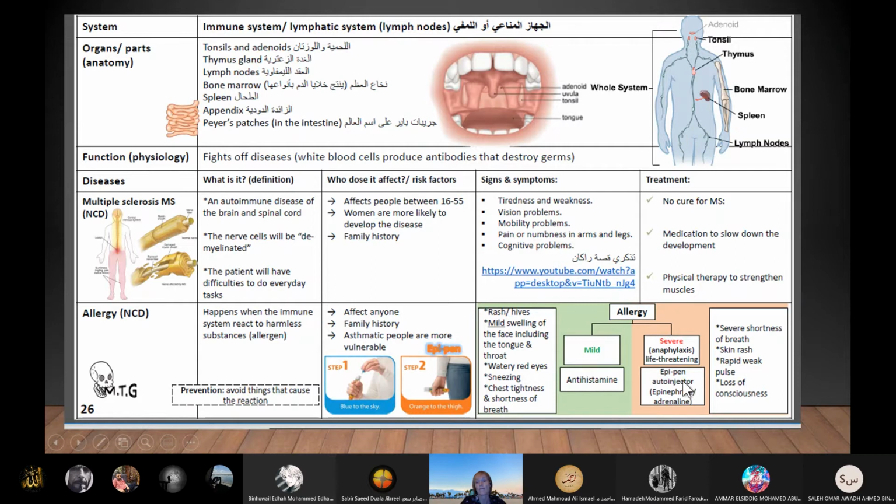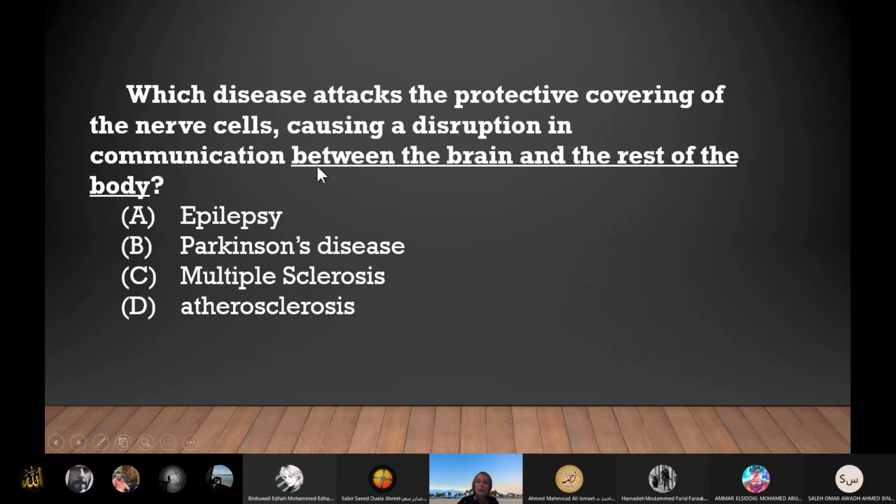This will save their life. Some of the symptoms to be aware of: severe shortness of breath, a rash, a very rapid or weak pulse, and you may even lose consciousness. If you have a mild allergy, you would never have severe shortness of breath. You may have a little bit of tightness, but not severe shortness of breath.